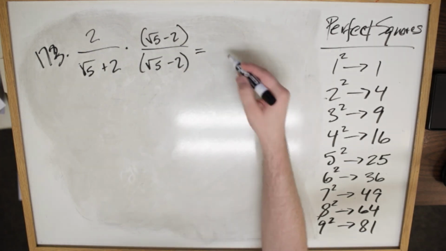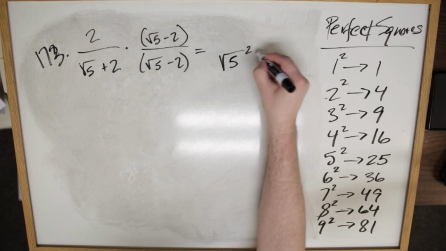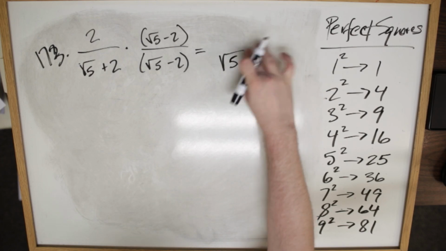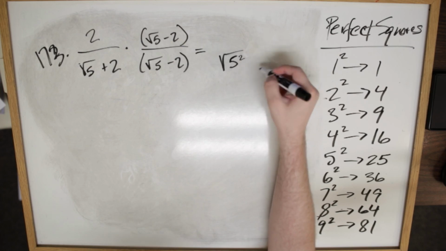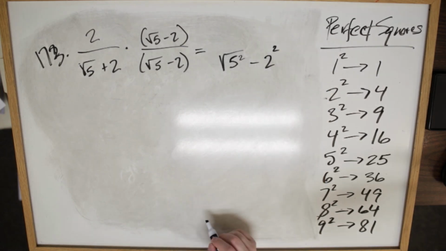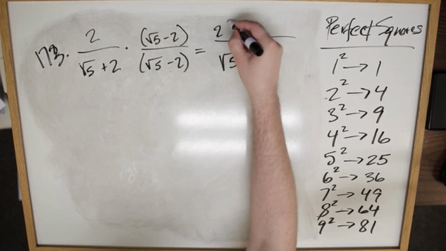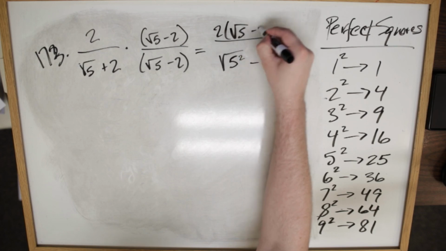This is the same thing as square root of 5 squared minus 2 squared. And then the top is going to be 2 times radical 5 minus 2.